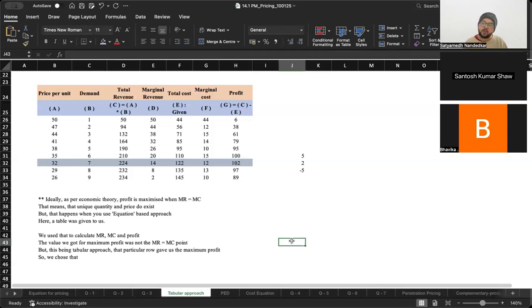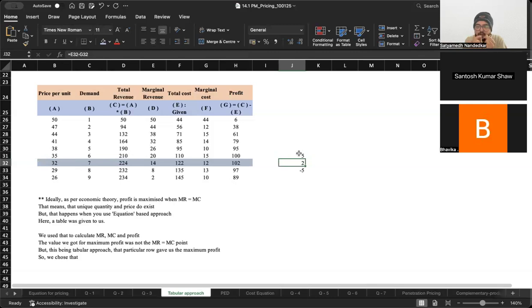There are cases where the marginal revenue equal to marginal cost equation yields a different quantity, for example a number like 6.5, which is not the optimum answer. In that case, the tabular approach is very, very helpful. In real life, we might find ourselves using the tabular approach the most. And see here, although marginal revenue and marginal cost are not equal, at this particular level of demand and output, the profit is the highest.